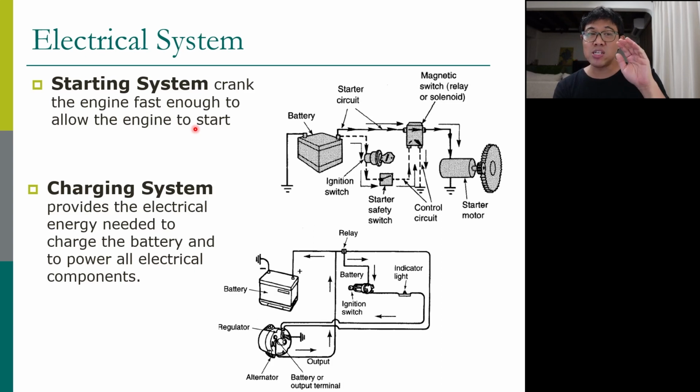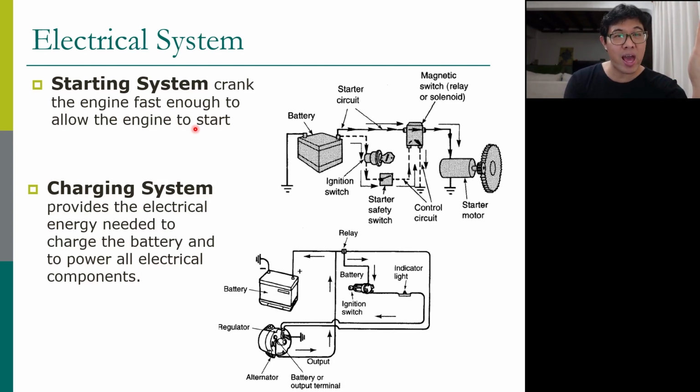If the engine is stopped, you cannot create that intake, right? So we have to start rotating the engine so that the piston moves down. After the piston moves down, you can create an intake stroke, and if you can move the piston up, you can create a compression stroke. After that, you can ignite the fuel, and then the engine can create power by itself.